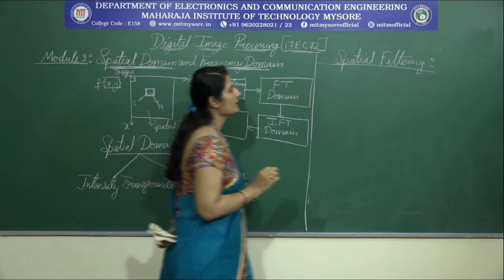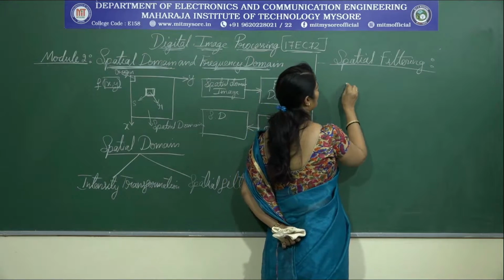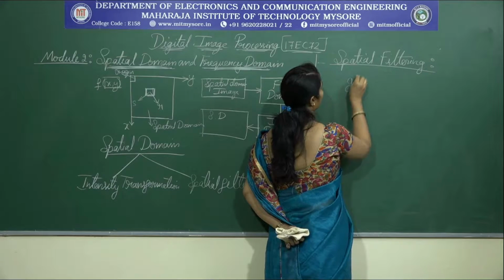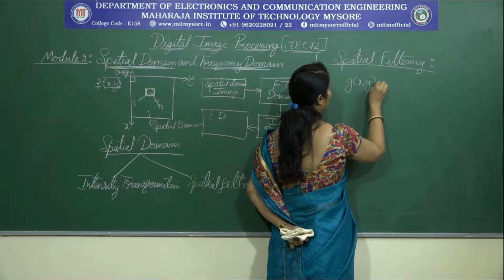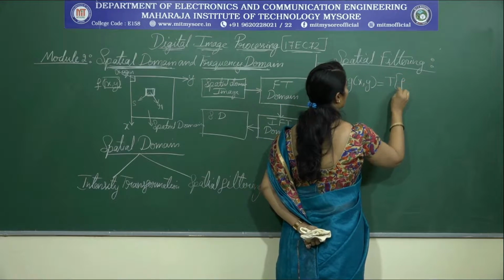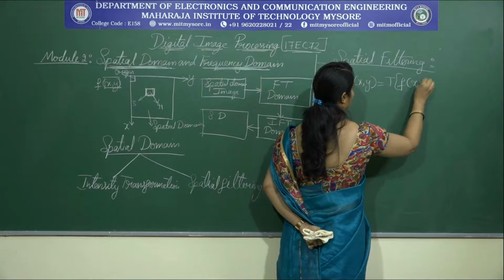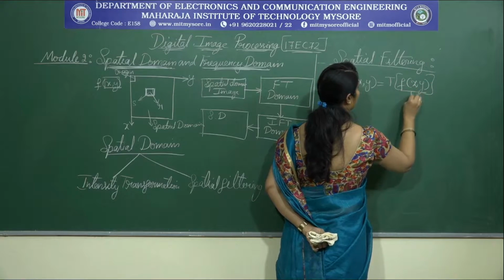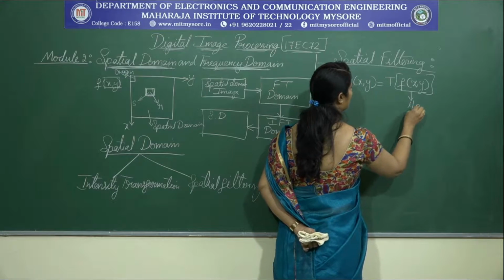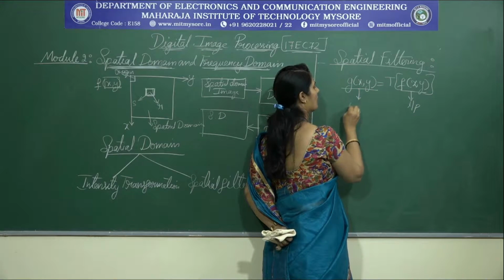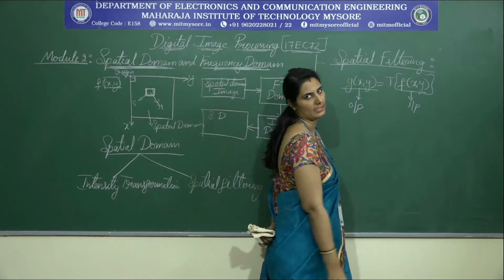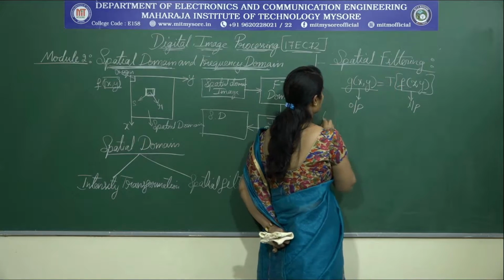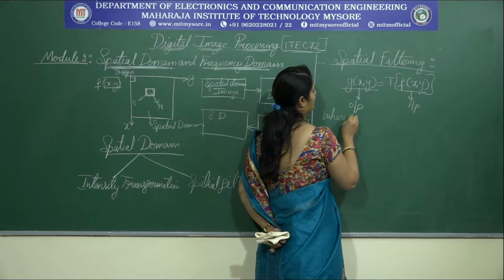So now the general expression for performing spatial filtering is g of x comma y is equal to T of f of x comma y, where f of x comma y is the input image and g of x comma y is the output image, where T is the transform operator.